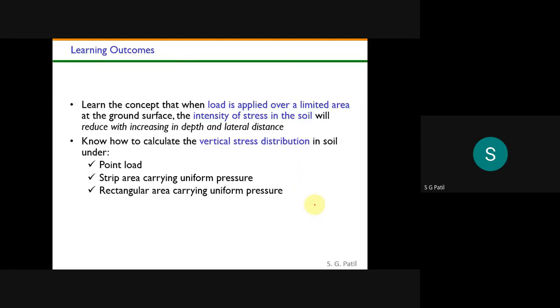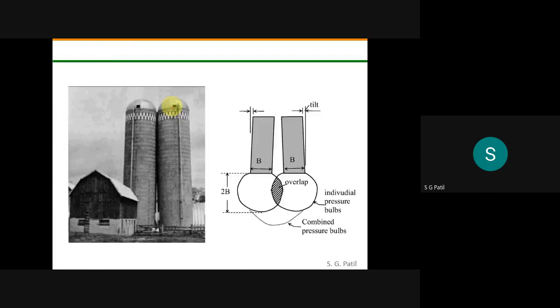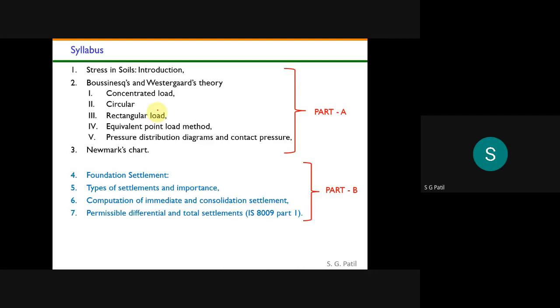In the last class we already discussed point loads, about concentrated loads. If you apply any vertical concentrated load, then how do you find the stress increase at any point?